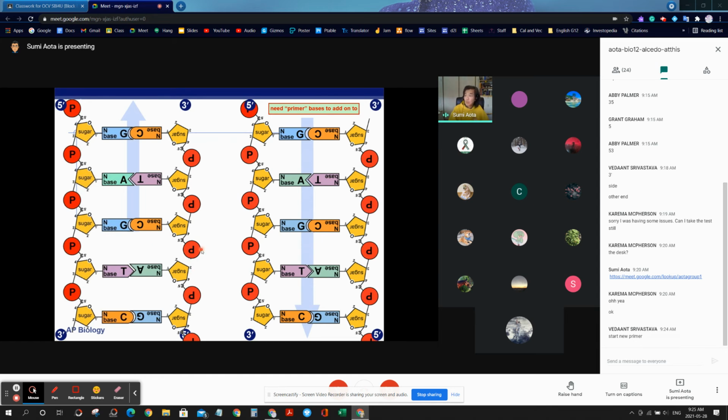This is because there's no bond at this point, and we need this to be continuous, right? So in order to link these two newly synthesized sections, we bring in an enzyme called ligase, okay? And ligase is an enzyme that will connect together any missing sugar phosphate bonds on the side of the DNA that's getting built in sections.